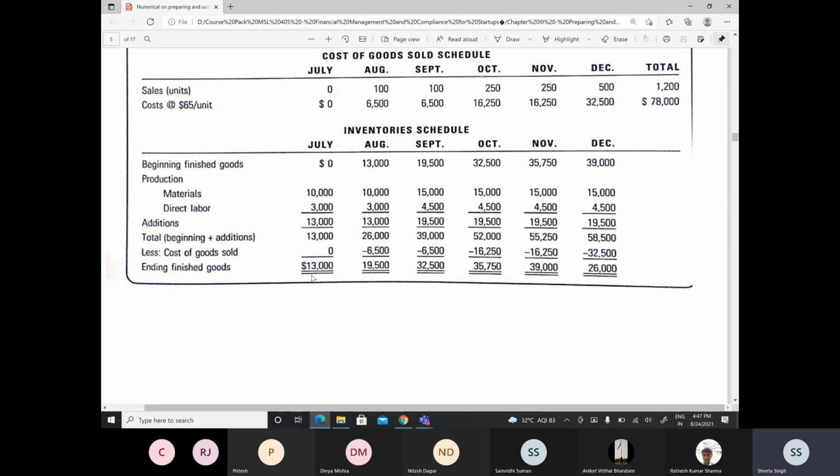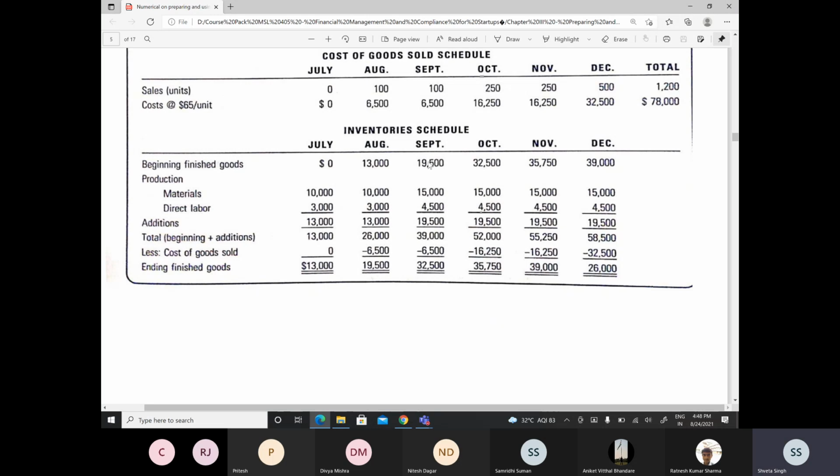The closing inventory for July became the opening inventory for August. In this, we again produced 13,000 worth of scanners. So our total inventory now became 13 opening plus 13 what we produced, that is 26,000. From this, we sold 6,500 worth, as you can see. That means our closing inventory for August was 19,500.